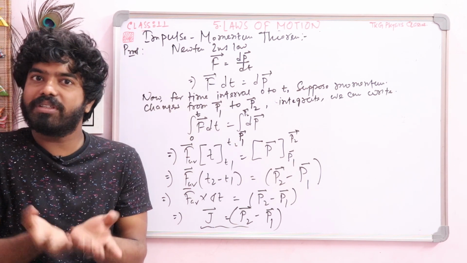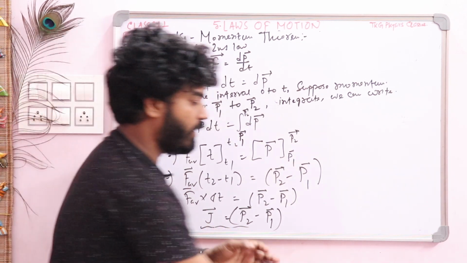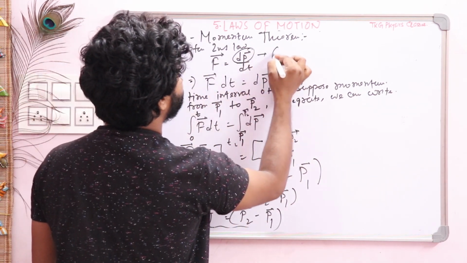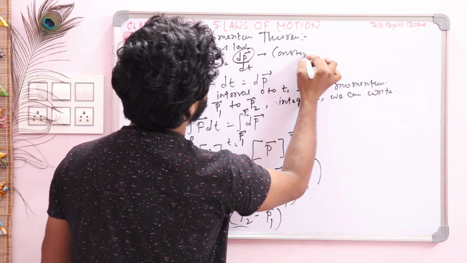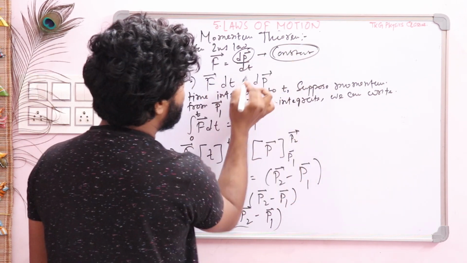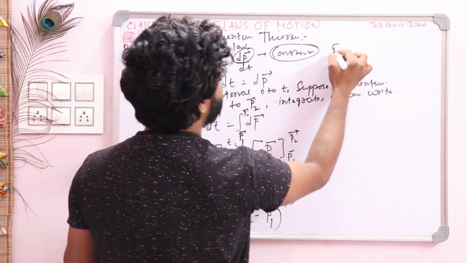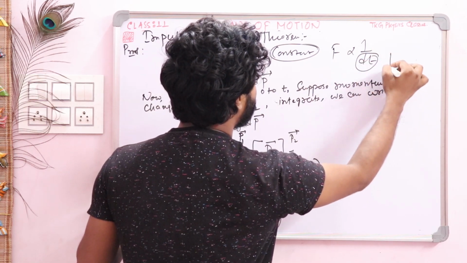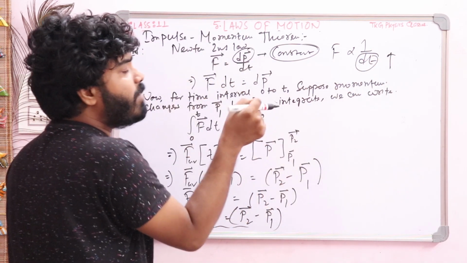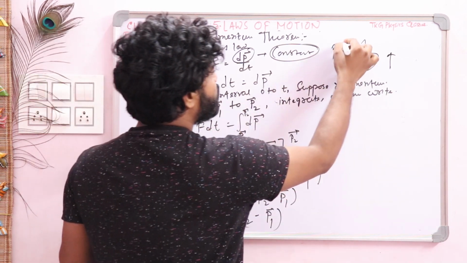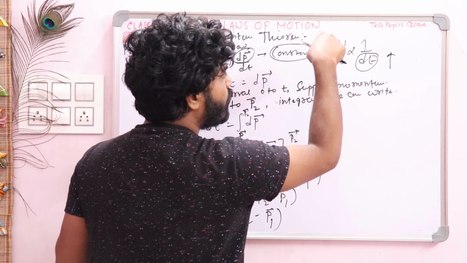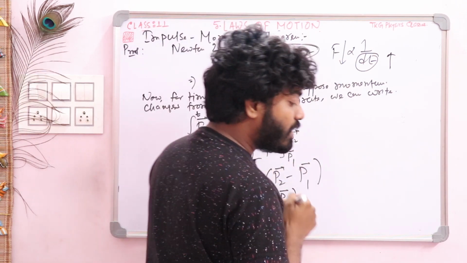Question is why? What is the advantage of it? According to this theorem, if the momentum change is constant, then F is inversely proportional to dt. That means when the time interval increases, the corresponding force imparted on the body decreases.